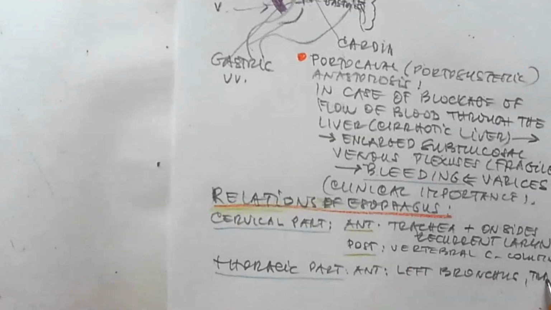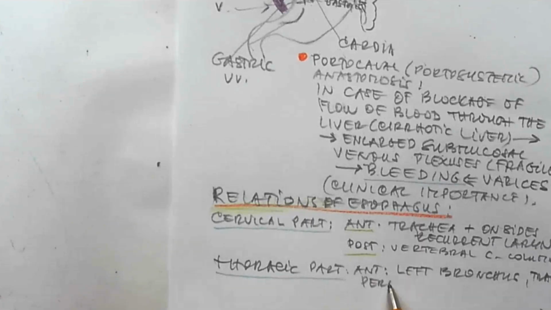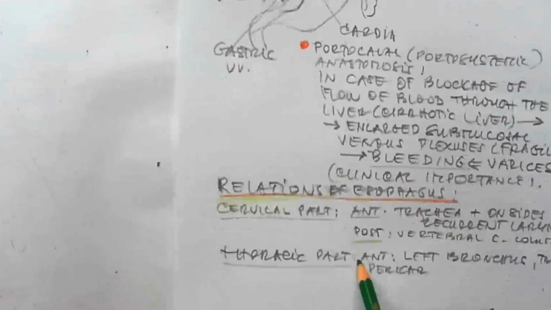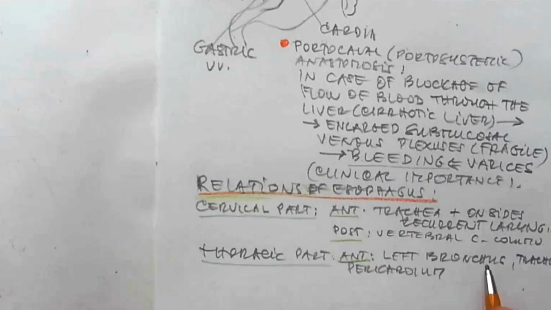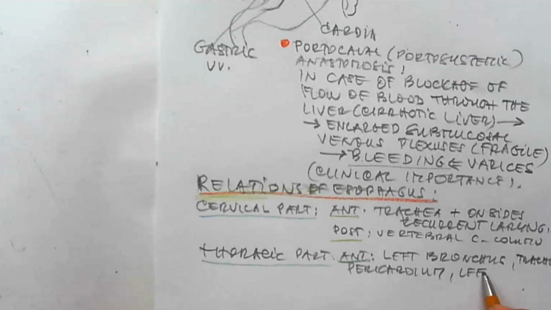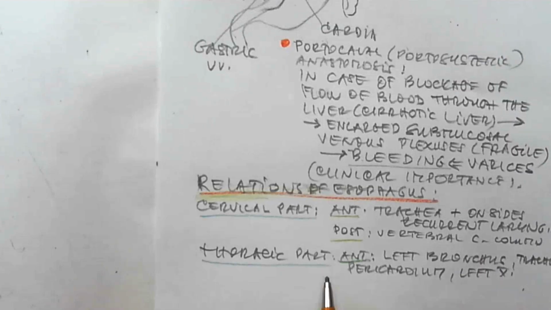Trachea, then pericardium, anteriorly pericardium. What else? Pericardium, left vagus. Left vagus, sufficient.